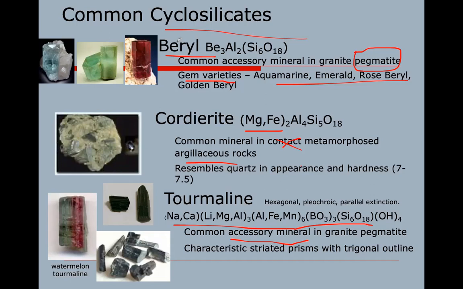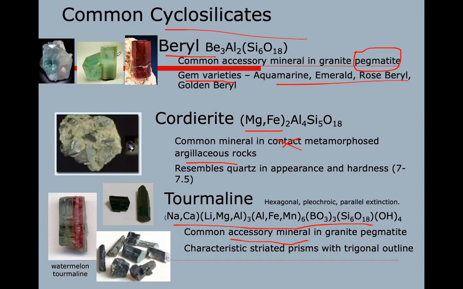Cordierite is not an accessory mineral, but it can be an accessory in some rocks probably. Usually we term accessory minerals as those which are present in less abundance, like 2%, 1% abundances. Anyway, tourmaline is one of such minerals.